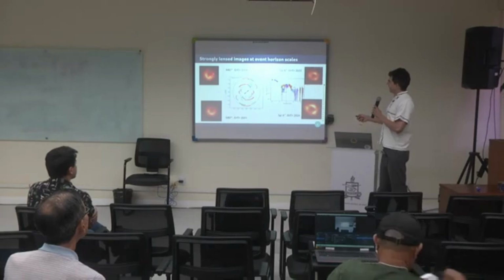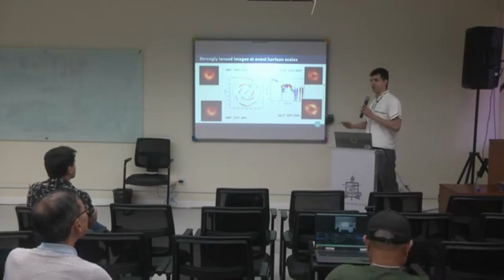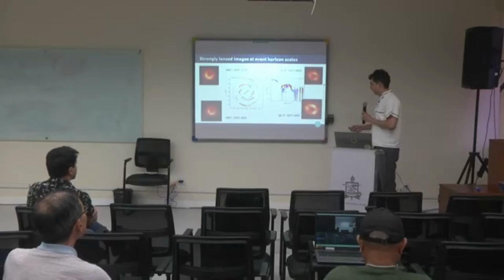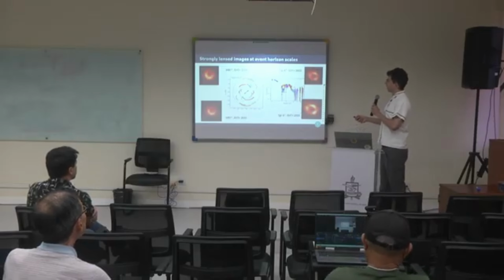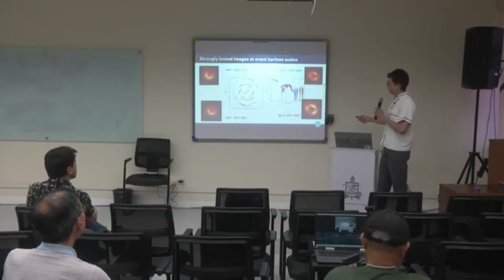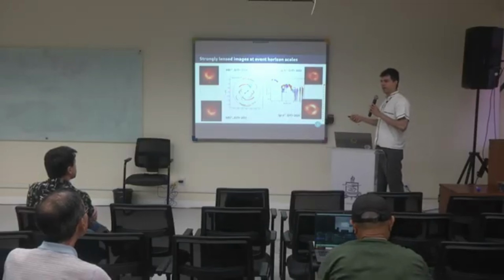Now, these are the images that have been published and that are most widely known within the general public. But it is important to mention that the actual observations that we have are in a less intuitive presentation, which is as amplitudes and phases in the Fourier plane.